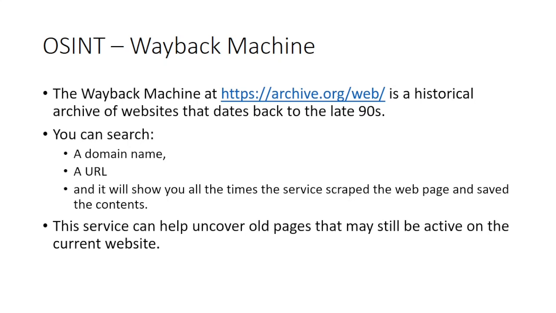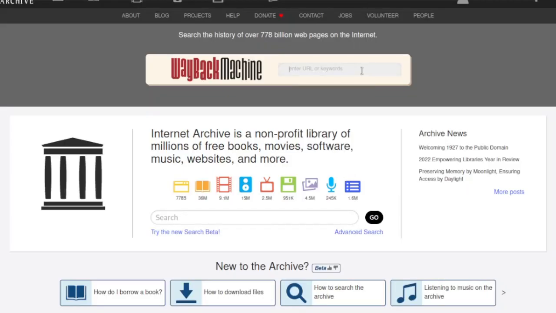Let's look at tryhackme.com, what it looked like a few years ago. So once we open archive.org, there is the Wayback Machine. So let's just put tryhackme.com and search for it.